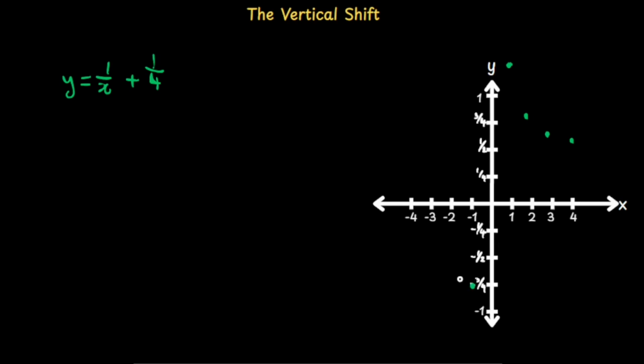Right. 1 over -2 should be -1/2. -1/2 plus a quarter should be -1 over 4. 1 over -3 is -1/3. -1/3 plus a quarter. Let's look for it. We have -3 over here. -1 over 3 should be around here. And we're going to add a quarter to it. So it should be around here.